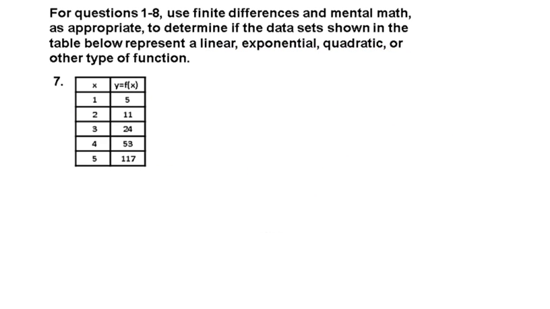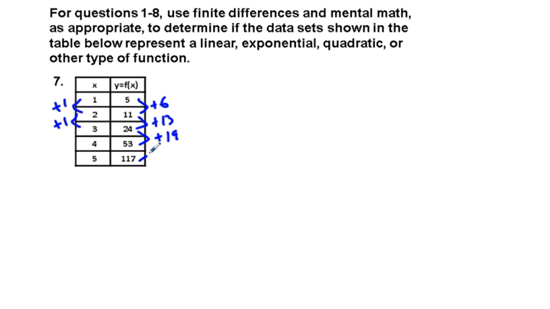Next, number 7. Okay, same mission here. Use finite differences and mental math. On the left, we know we're going up 1 every time. On the right, 11 minus 5 is going to be 6. 24 minus 11 is 13. 53 minus 24 is plus 19.